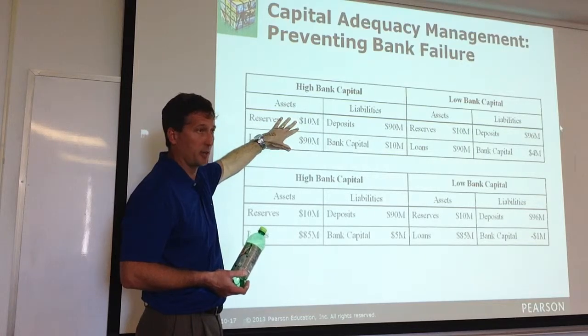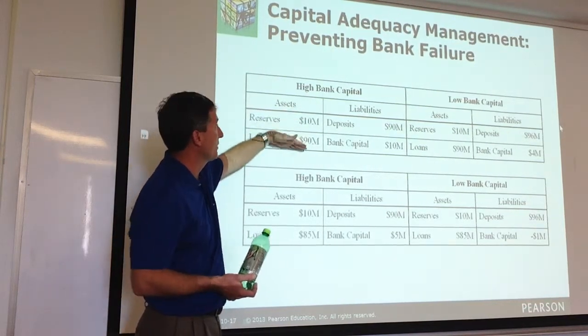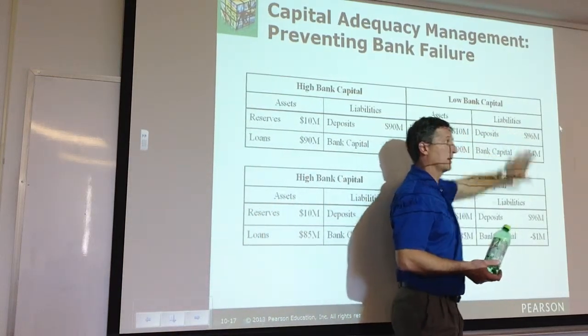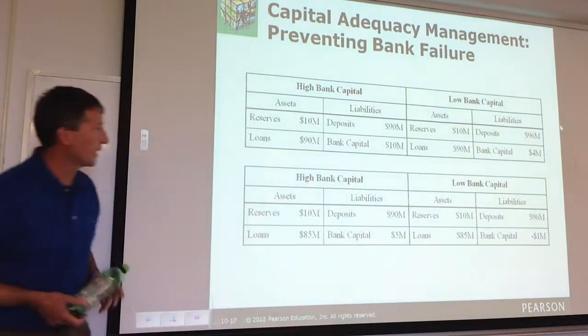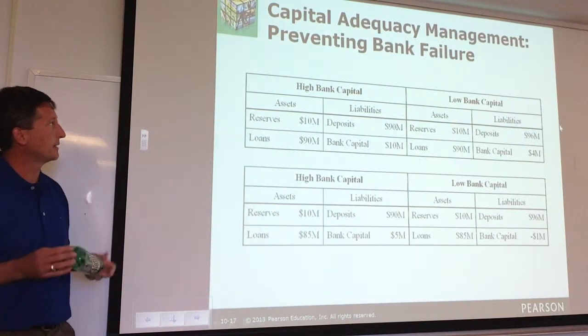Two examples of a $100 million bank when we look at reserves and loans in terms of volume, in terms of assets. But this is structured a little bit differently. So if we've got a $100 million bank, what's the difference? Okay, so what went on down here?